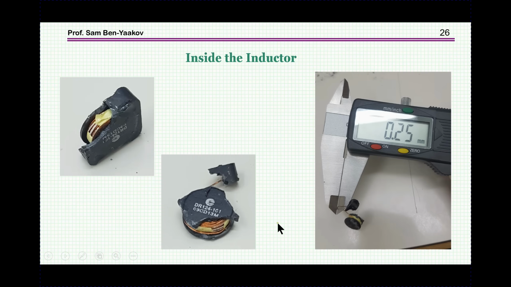Now, to verify the question of this skin effect, we have measured the diameter of the wire. Here is the inductor. We've taken it apart, or I might say broken it. And here's the wire. And we measured the wire, and it turns out that the wire is 0.25 millimeter, okay?